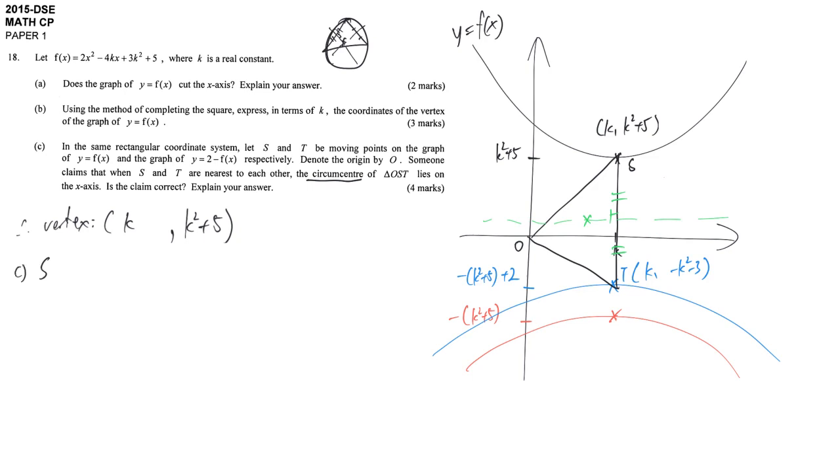We say our finding is S is the vertex. And also, T is the vertex of the final curve.